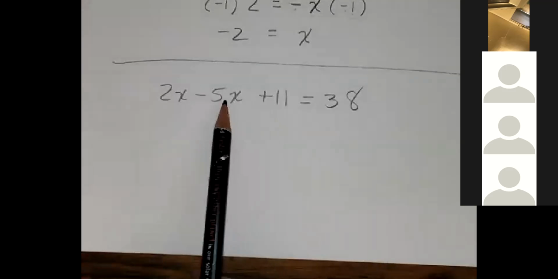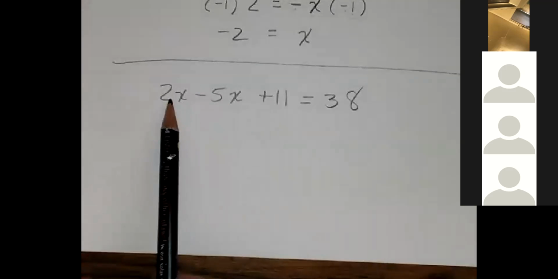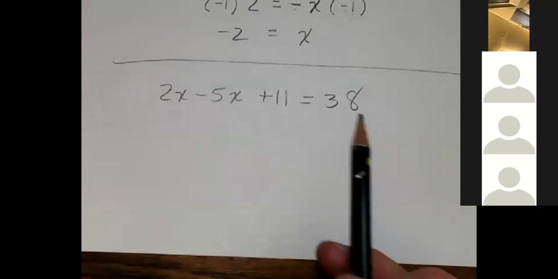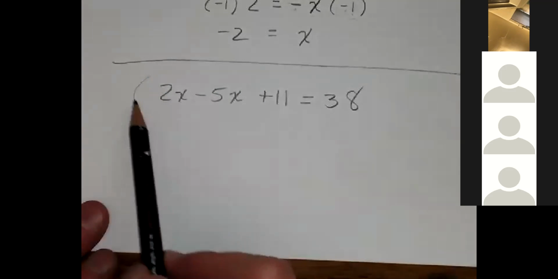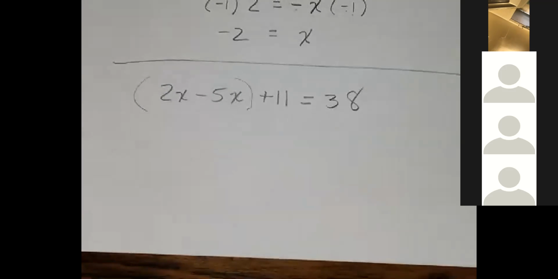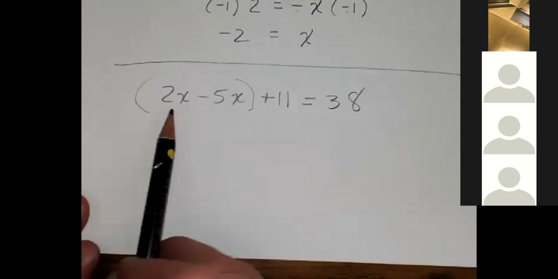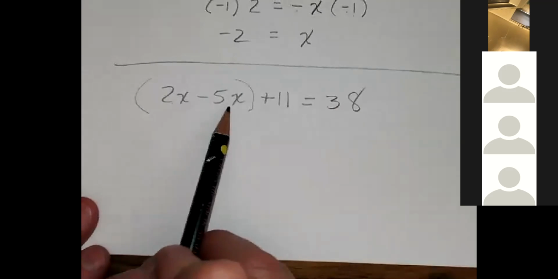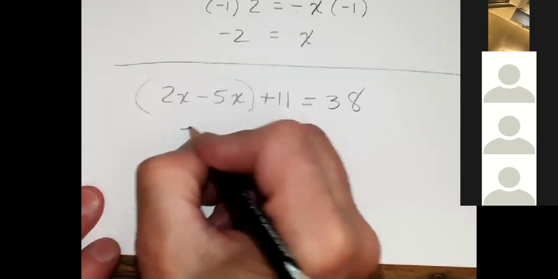Subtraction, addition, multiplication, multiplication. But I can see that there are 2 terms that are like terms, and I'm going to combine that first. So 2x subtract 5x is -3x.